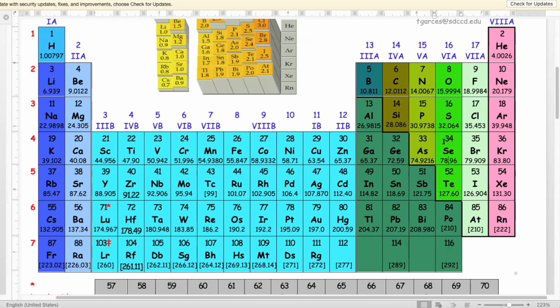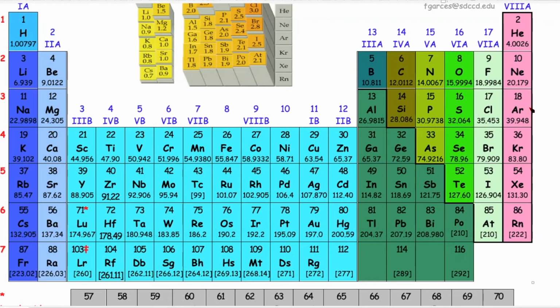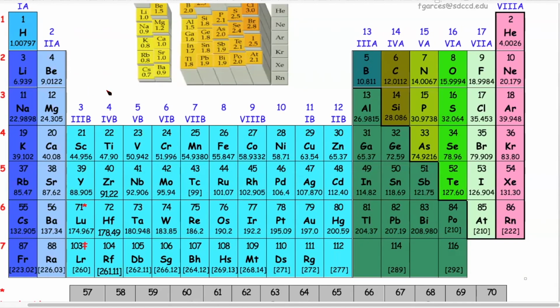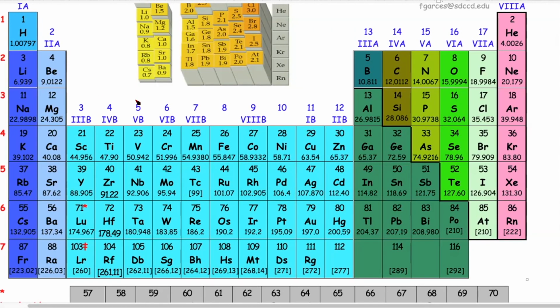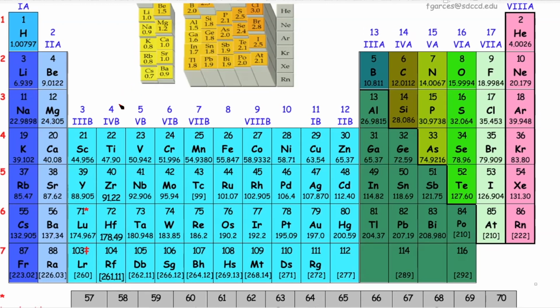So in this particular case, I have 18 right here. So it's going to be selenium equals the argon core. You want to represent it this way, and that represents 18 of the 34. Just walk to selenium from argon.